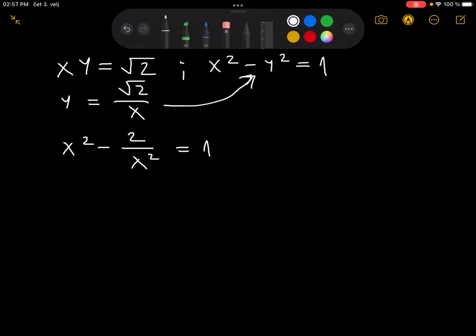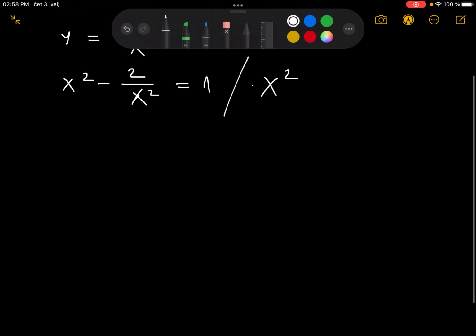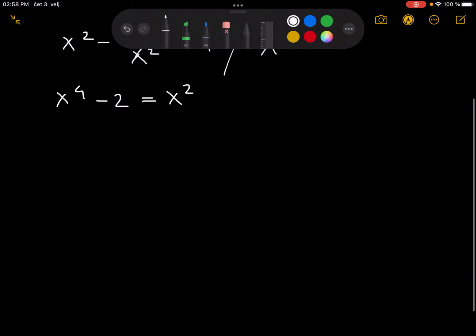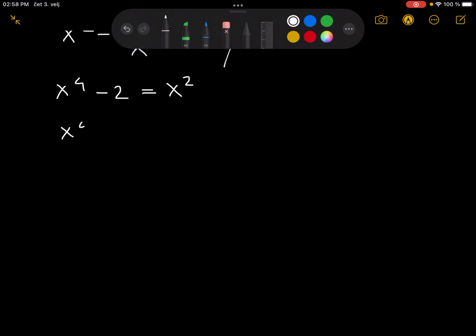Okay, so let's go ahead and multiply both sides by x squared, so that now we get x to the fourth power minus 2 is equal to x squared. Or in other words, x to the fourth power minus x squared minus 2 is equal to 0.